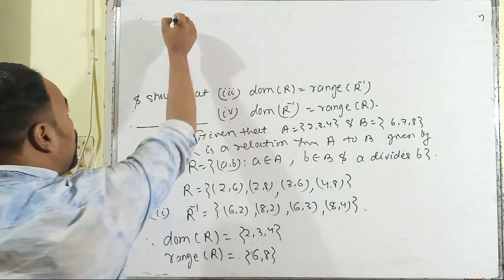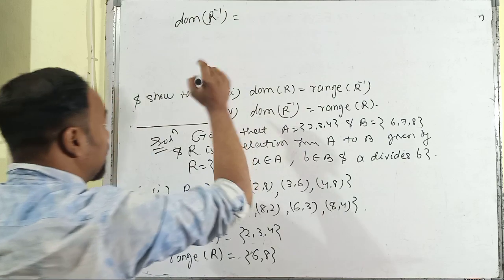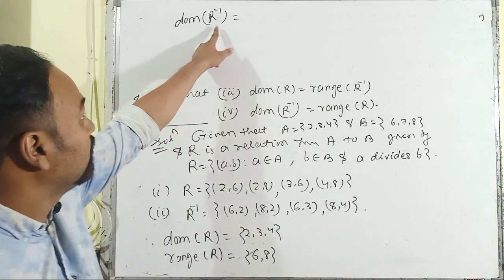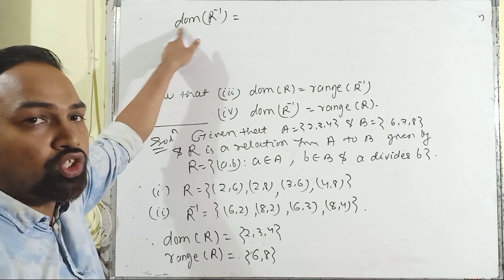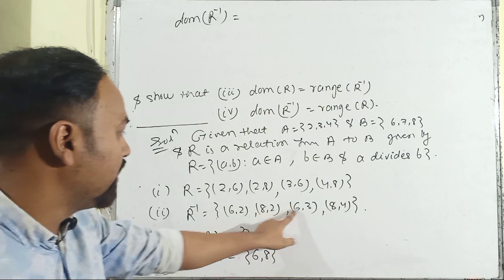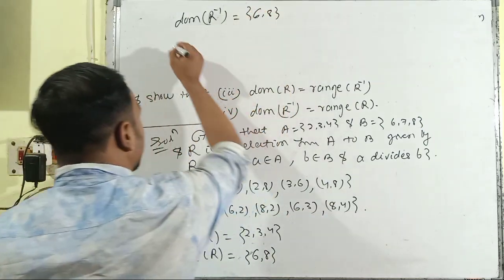Then we have to find out domain R inverse. That means we have to find out the first components from the R inverse: 6, 8, 6, 8. That means it is the set of elements {6, 8}.